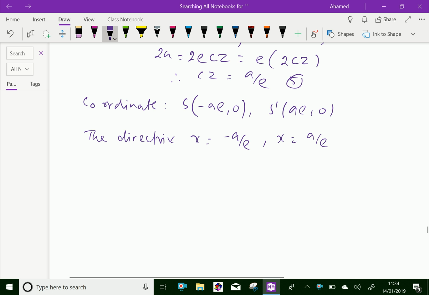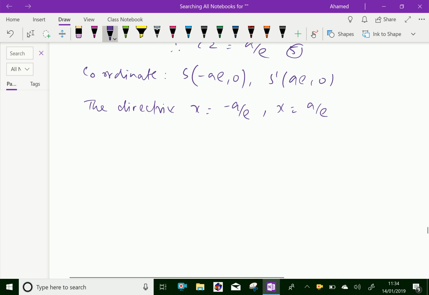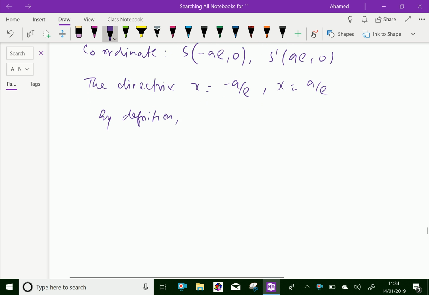Now by definition, we know the definition of hyperbola, that is SP equals e times PM, or by squaring both sides, SP square equals e square PM square.